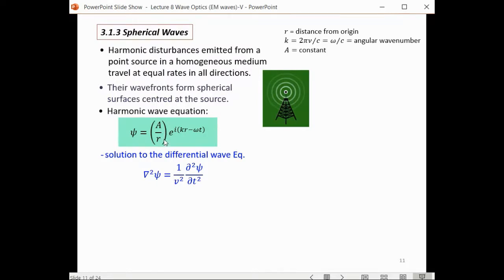This will give the amplitude of the wave. This expression is a solution to the differential wave equation given by this expression.